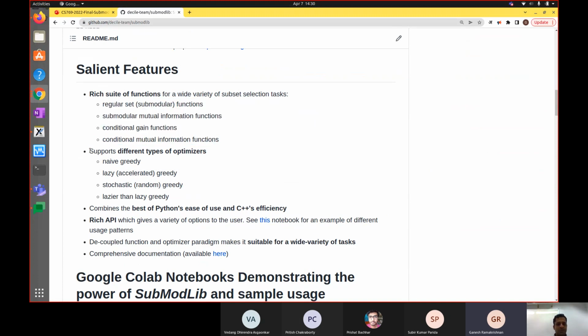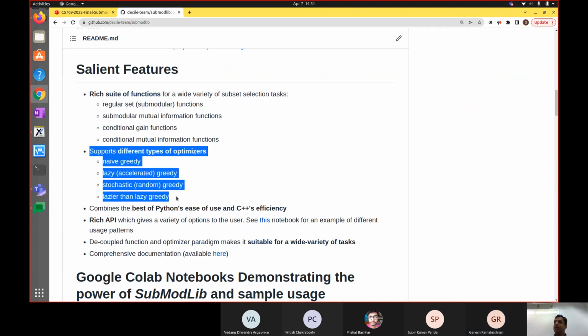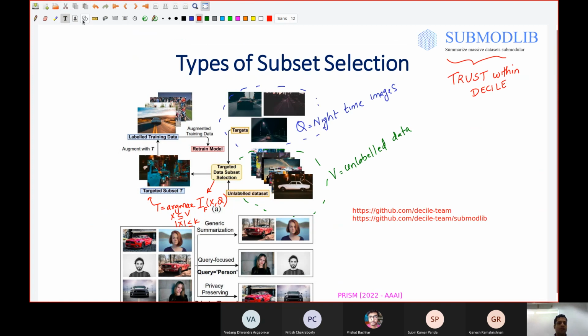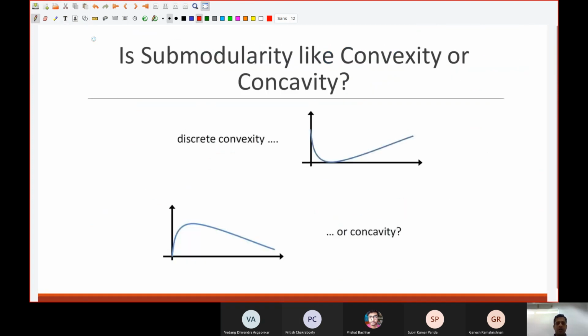But now what I'll move to is the different optimizers it supports. From an optimization perspective, is submodularity like convexity or concavity? It turns out it has properties of both. What we'll focus on more is the concavity properties in terms of maximization.